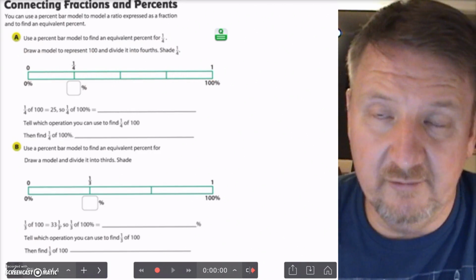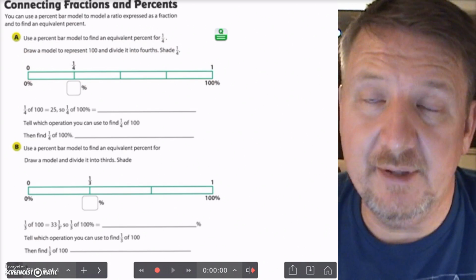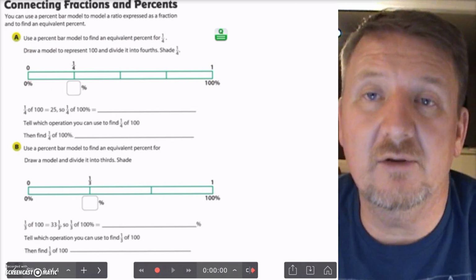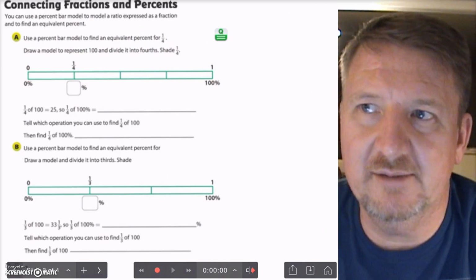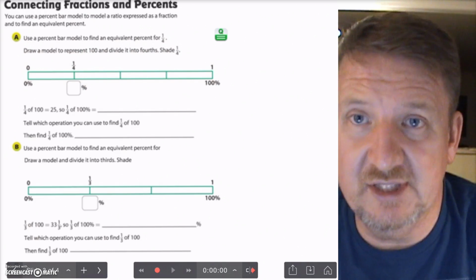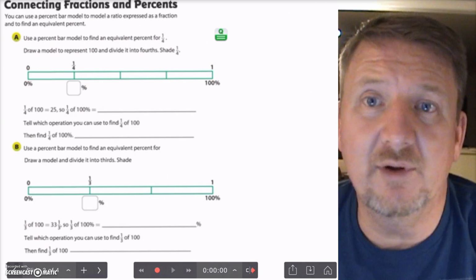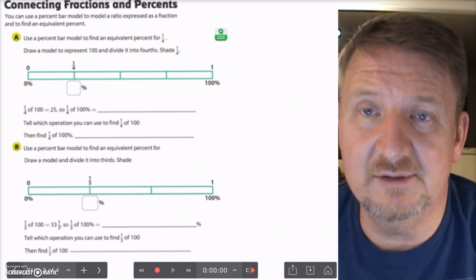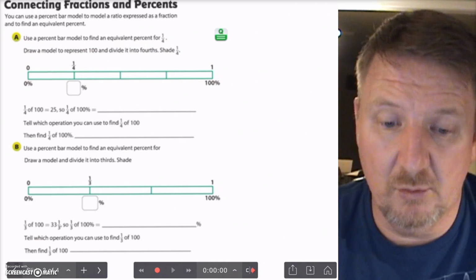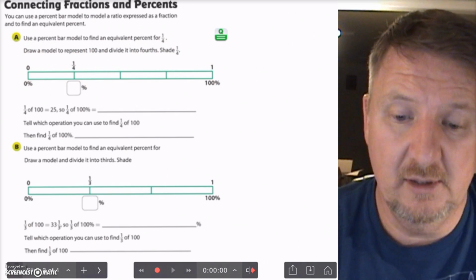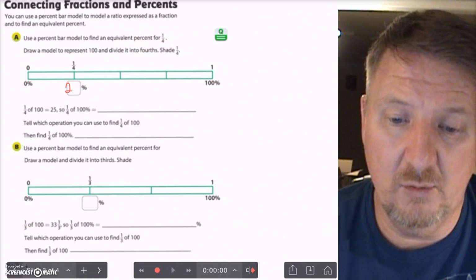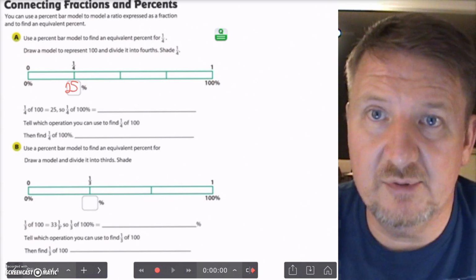Well, for 1/4, think about dollars. I always want to go to dollars when I'm talking about percent, because dollars are out of 100, and percent is out of 100. So what's 1/4 of a dollar? Well, 1/4 of a dollar is a quarter. How much is a quarter worth? 25 cents. So that means a quarter is equal to 25%.